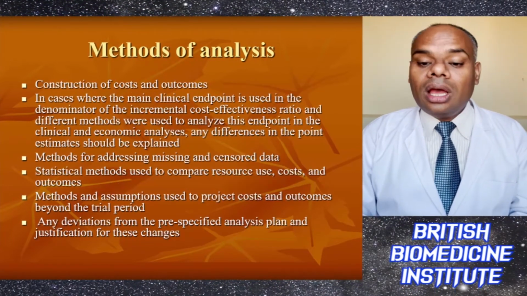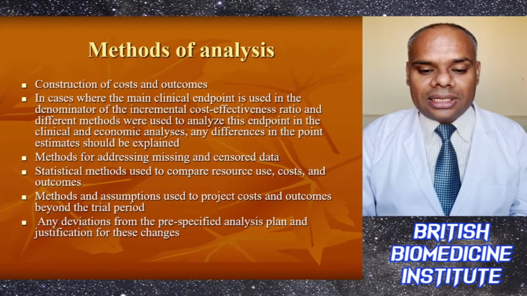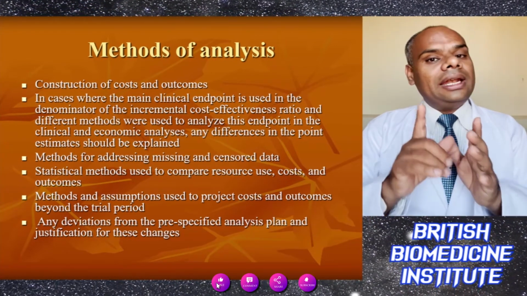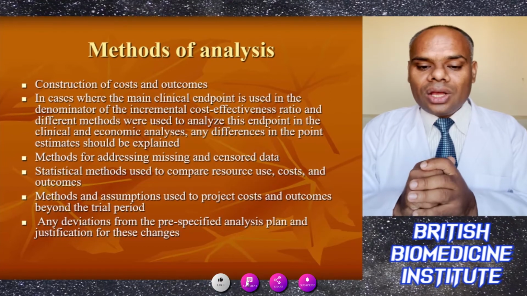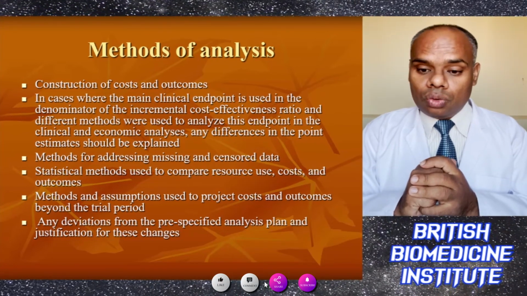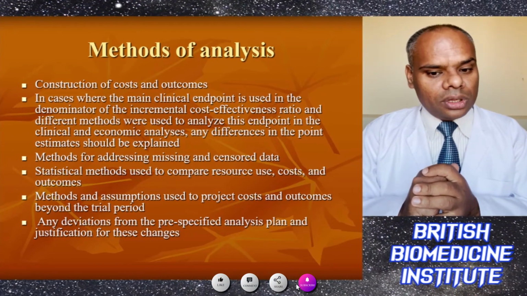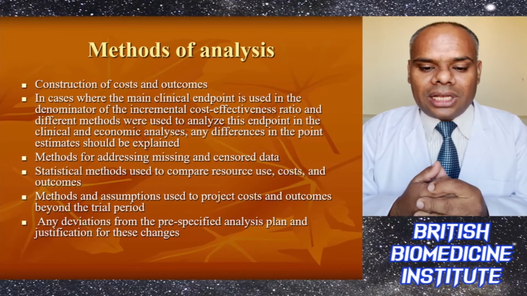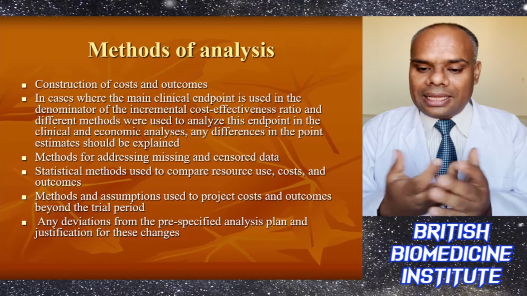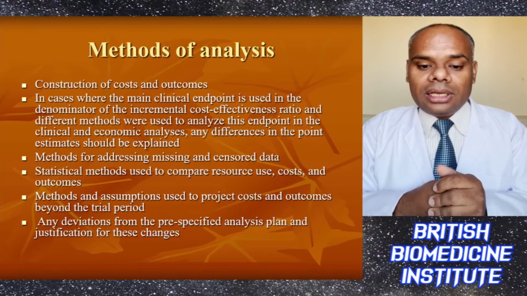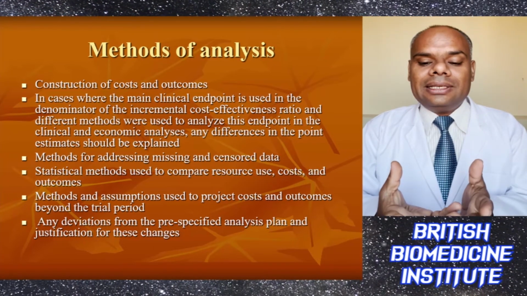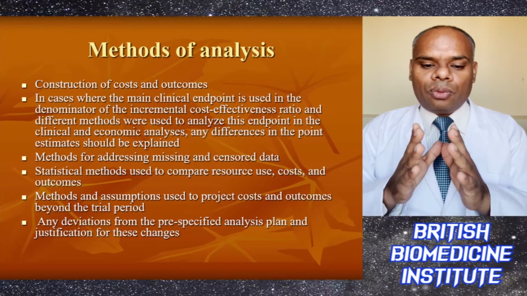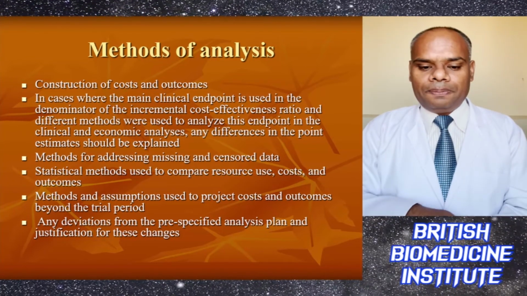Under the method of analysis, there is a construction of cost and outcome. When the main clinical endpoint is used in the denominator of the incremental cost effectiveness ratio and different methods were used to analyze this endpoint in the clinical or economic analysis, any differences in the point estimates should be explained.